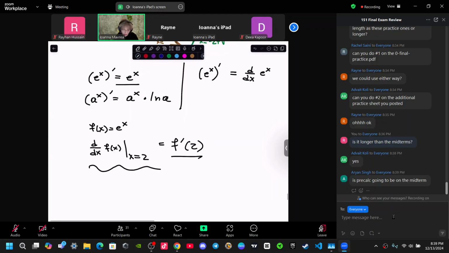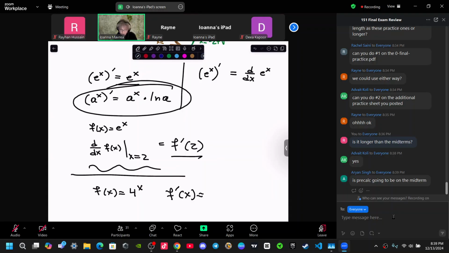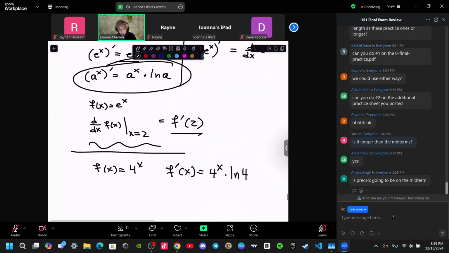Say find the derivative, and when you're done, replace all the x's by 2. Okay, so if the function was, let's say, 4 to the x, the derivative is, here's the formula, 4 to the x times natural log of 4, which nobody knows, and that's a good thing. Leave it alone. So if somebody says find the derivative at 2, if they ask it this way, you found the derivative, so now you plug in 2 for x. There's no x here, so don't plug in 2 there.